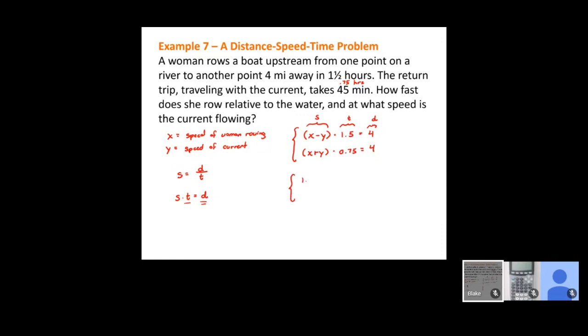Then my system becomes 1.5x minus 1.5y equals 4. And then down here, we're going to have 0.75x plus 0.75y also equals 4. So that's the system we're trying to solve now.